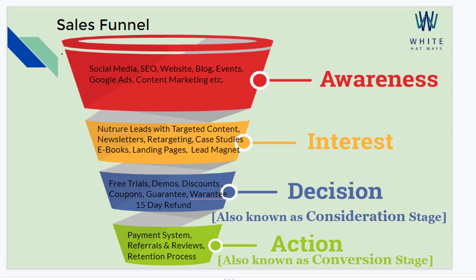So as you saw, conversion happens in a phased manner. You have to get your prospective buyers from the awareness stage to being interested, then to deciding upon your products or services, and finally to taking action and getting converted.